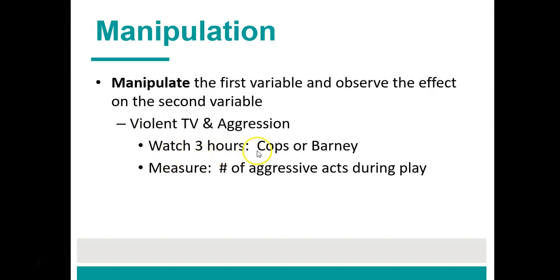I would have half of the children watch 3 hours of Cops, and half of the children watch 3 hours of Barney as our non-violent TV. So I've manipulated whether they're watching violent TV or not. Then I'm measuring, maybe after they watch those 3 hours of television, I put them all in a room with a one-way mirror, and I'm counting the number of aggressive acts that I see during the time they play in that room.